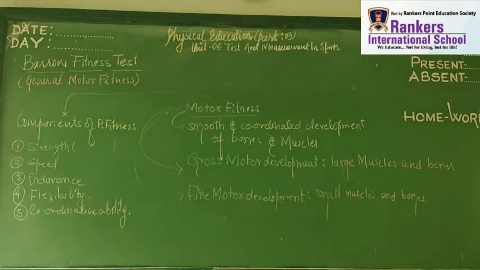How many test items? It consists of 3 test items, right? So let's say the first one is standing broad jump, second is medicine ball throw, and third is zigzag run test.